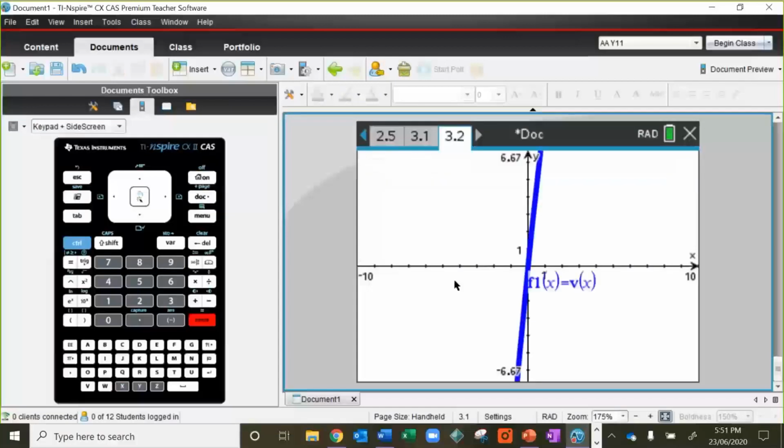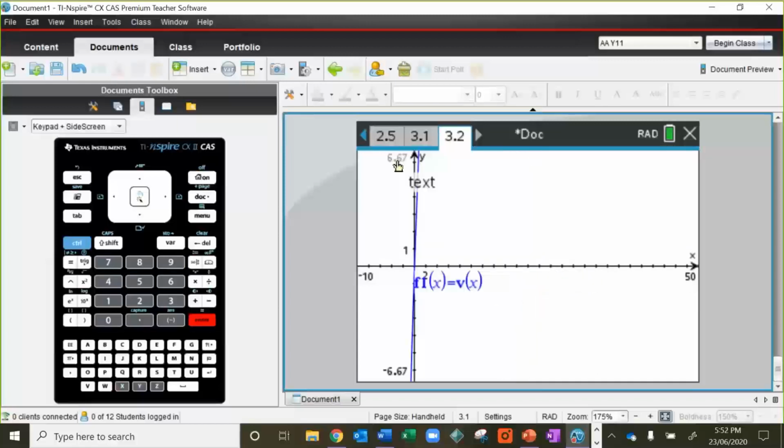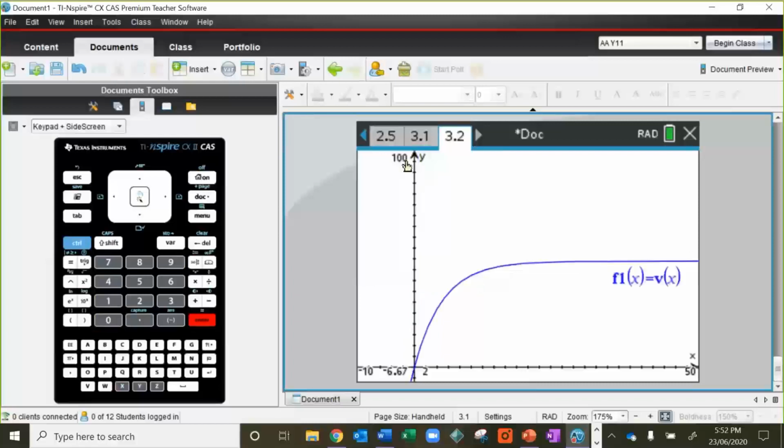And of course, we'll need to change the window, and let's make that 100. And that's a nice graph showing velocity as a function of time here. And clearly, if we put 5g on there, we get our horizontal asymptote.